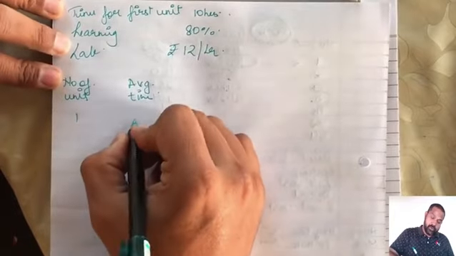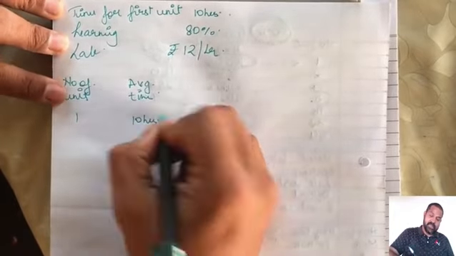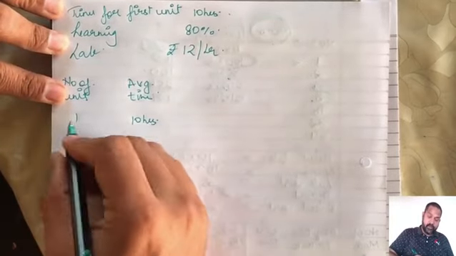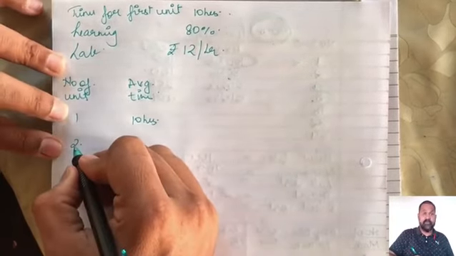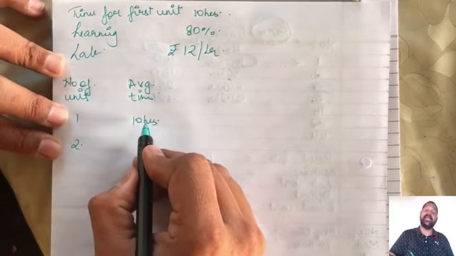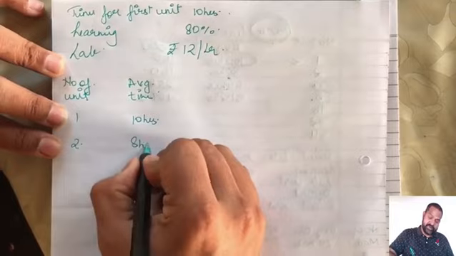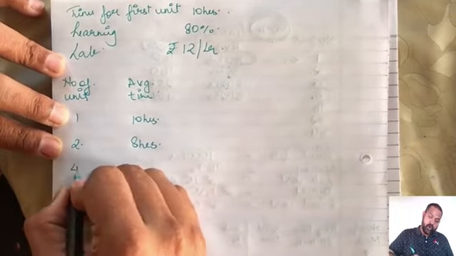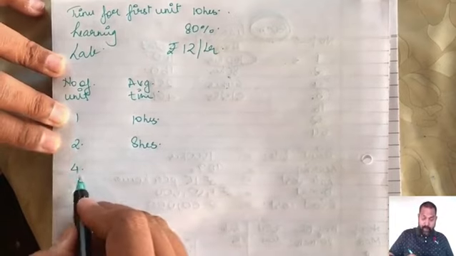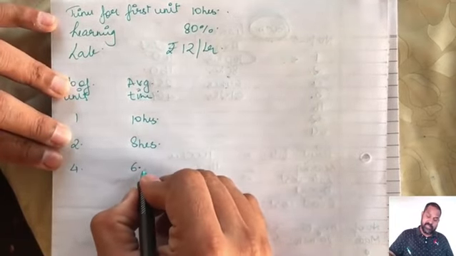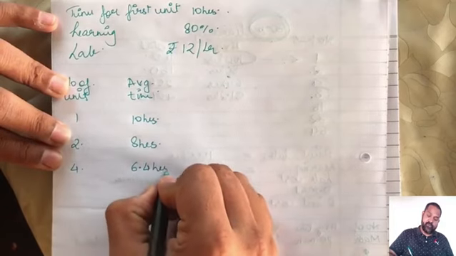First unit took 10 hours and the learning is 80%. Then when I double the work, 2 units will on average not take 10 hours, but 80% of 10, which is 8 hours. 4 units, when I double the work, will be an average of 80% of 8, which is 6.4 hours.